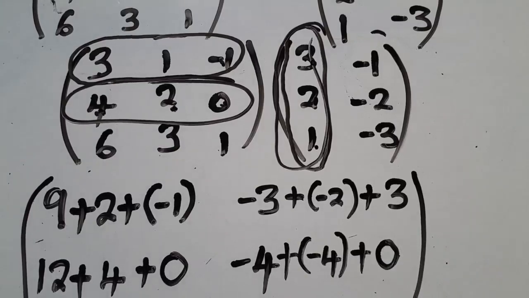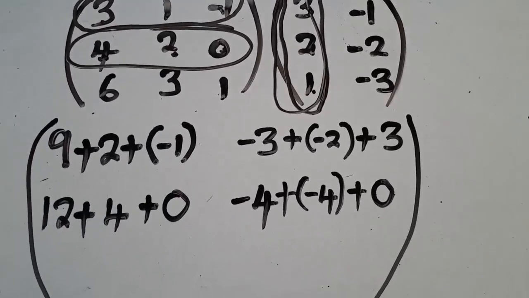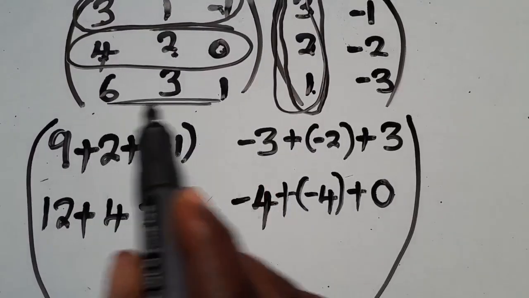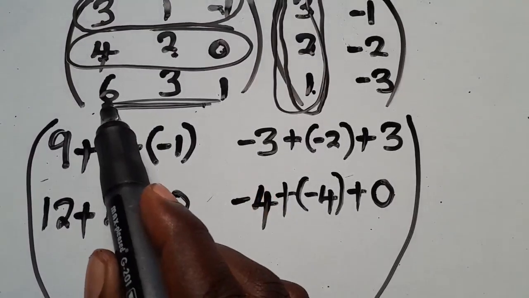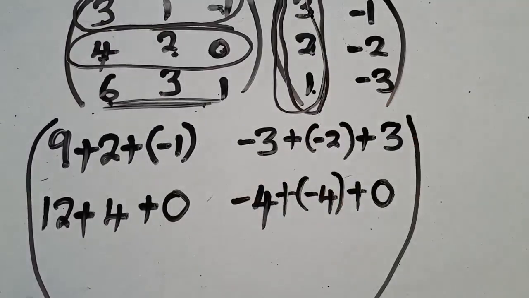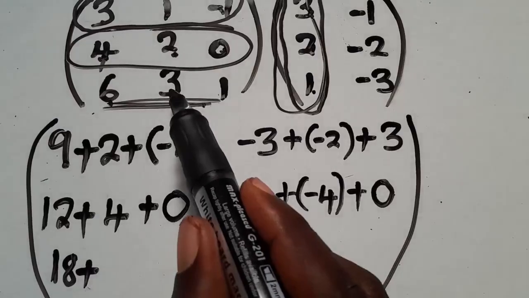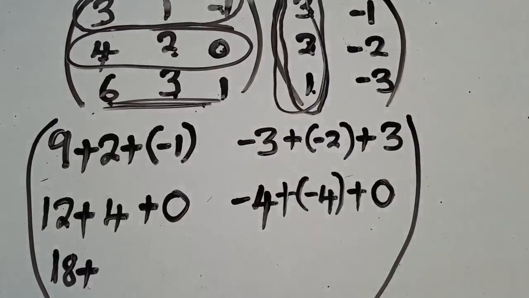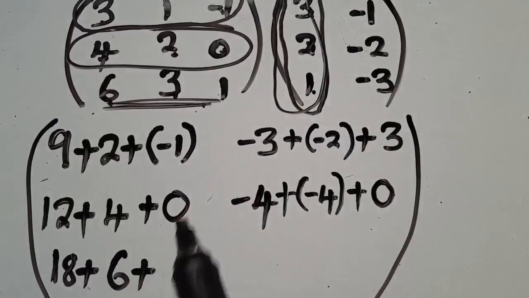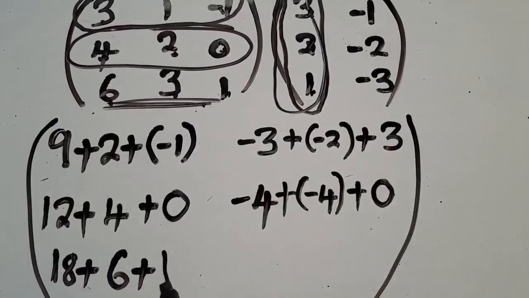So this is how you need to be doing all these. You move to this one, which is here. 6 times 3, that's 18. Plus 3 times 2, that's 6. Plus 1 times 1, 1.